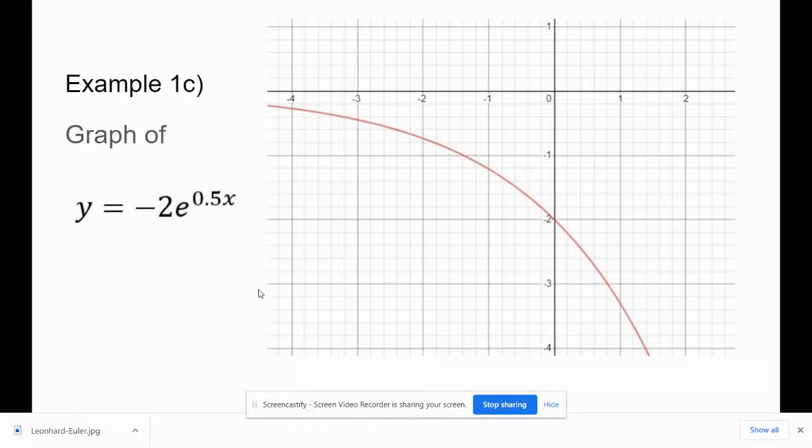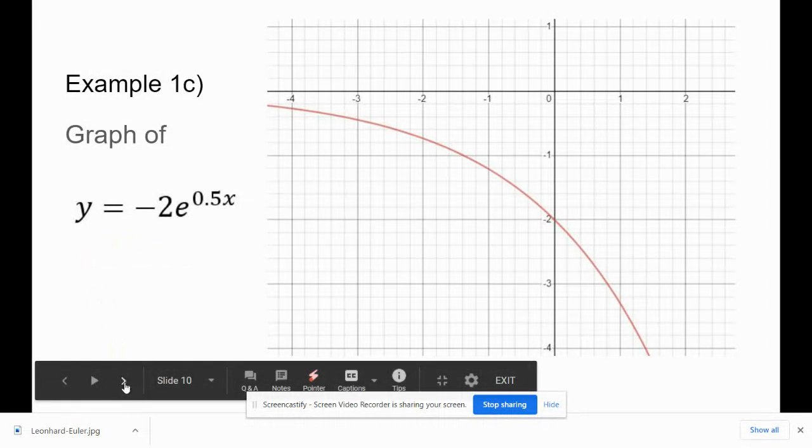So think about that. Okay, and that shouldn't say in the numerator, that should say in the exponent. So if we add or subtract a number in the exponent, what would happen to the graph?